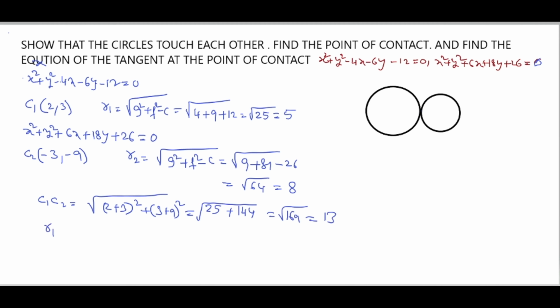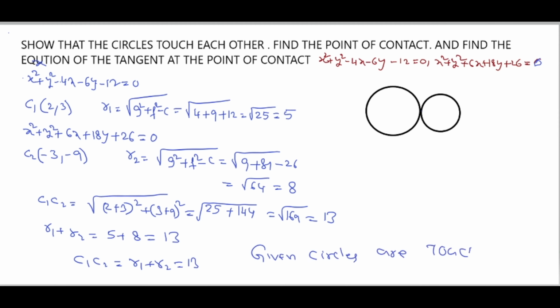And now we find R1 plus R2. R1 is equal to 5 plus 8, that is 13. Therefore C1C2 is equal to R1 plus R2 is equal to 13. So the given circles touch each other.